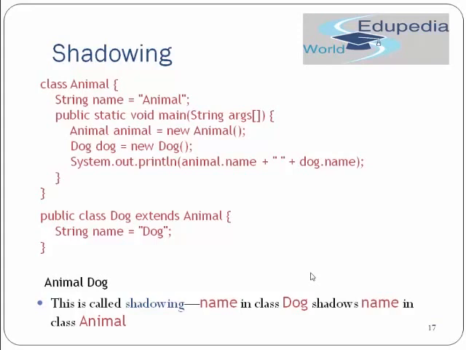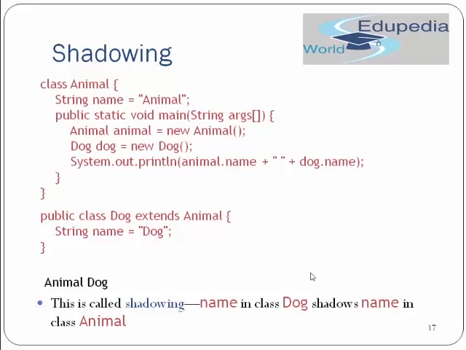Now we are printing animal.name and dog.name. The values that these will print are animal and dog. Why so? Because when we call animal.name on the Animal object, the name that Animal has will be used, and with dog.name, the Dog's name will be used.